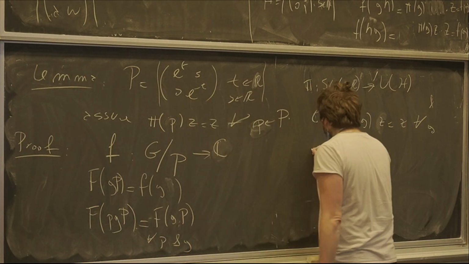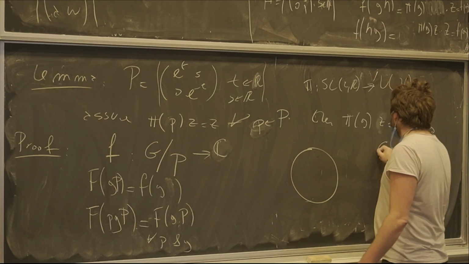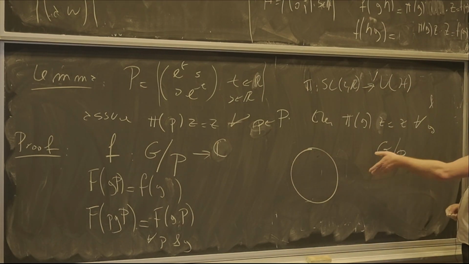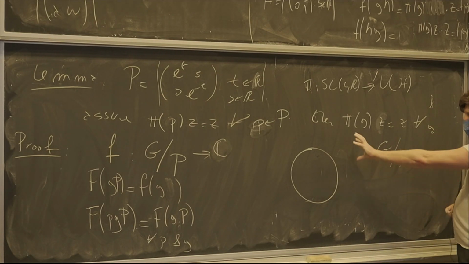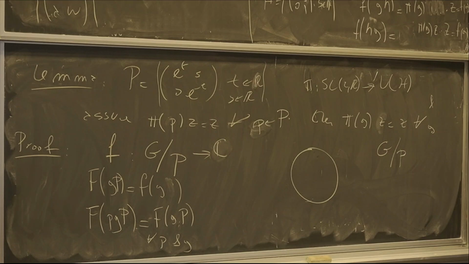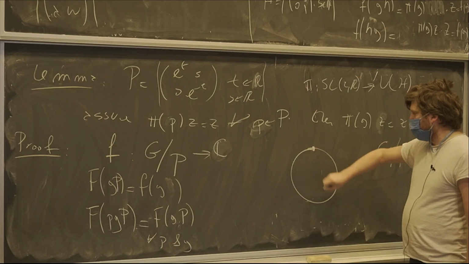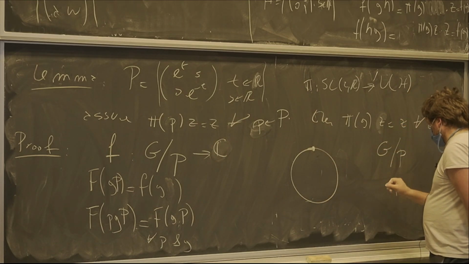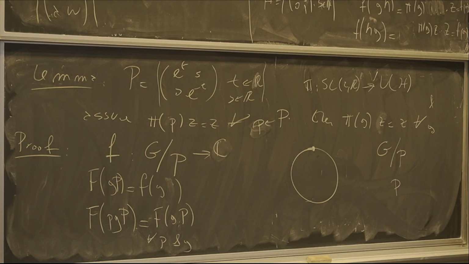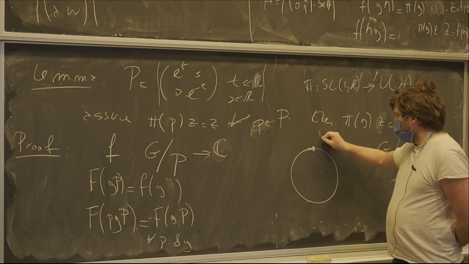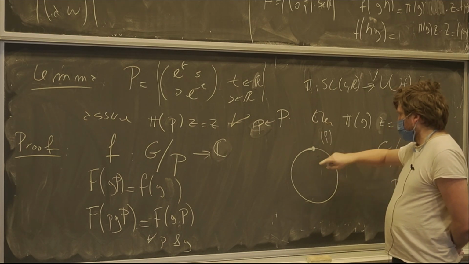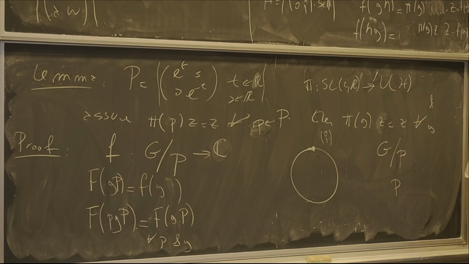And then essentially we are done, because we know by the same discussion as before that P is the stabilizer of all these guys. G mod P is actually the circle. And we know that the P action has essentially two orbits. One orbit is the direction 0, 1, and the other orbit is the rest of the circle, or the other way around.